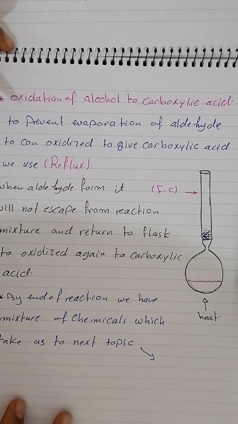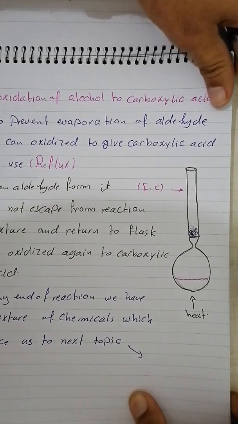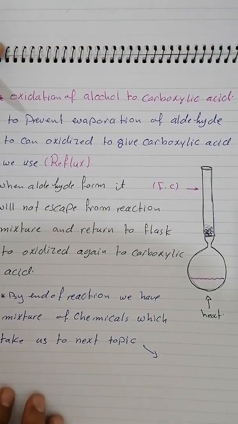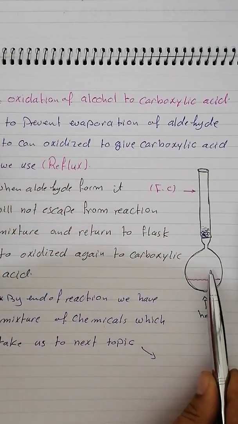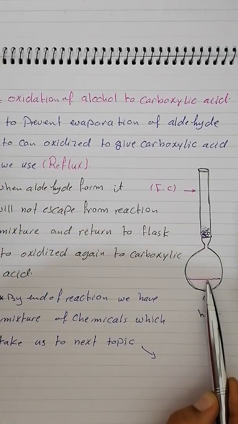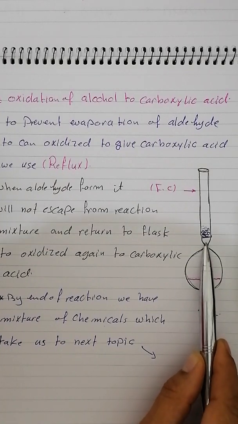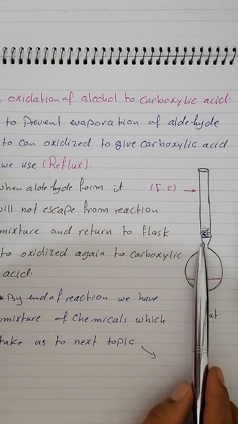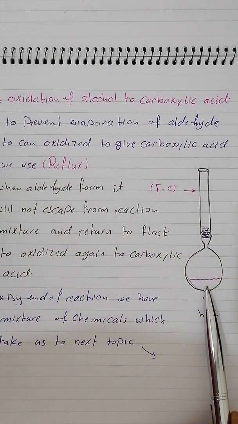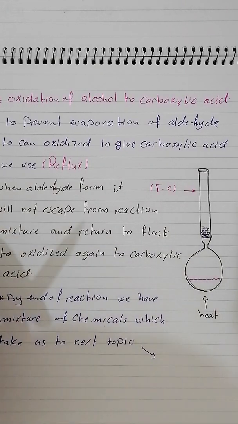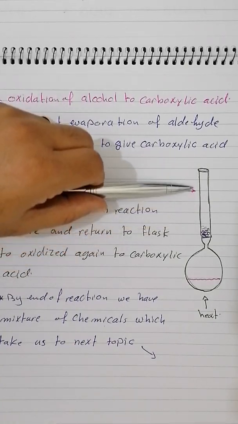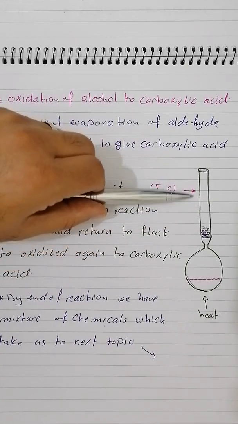This fractionating column will allow the substance, when we add the alcohol, it will oxidize, then aldehyde will evaporate. When it evaporates, it will condense again here and return to the reaction mixture. So the fractionating column will prevent escaping of aldehyde.